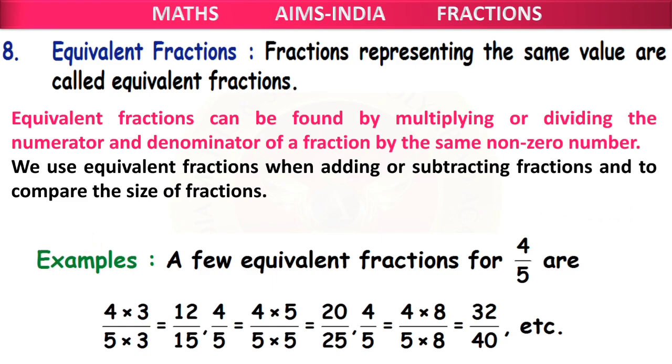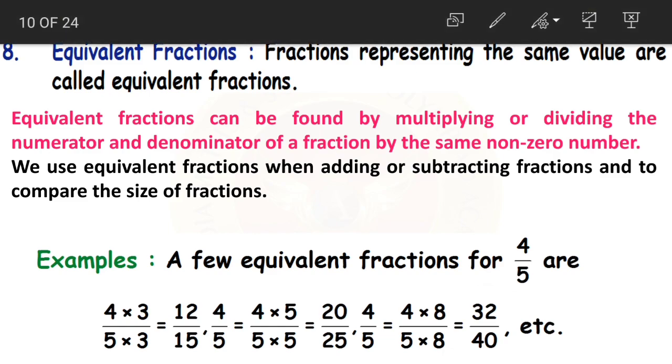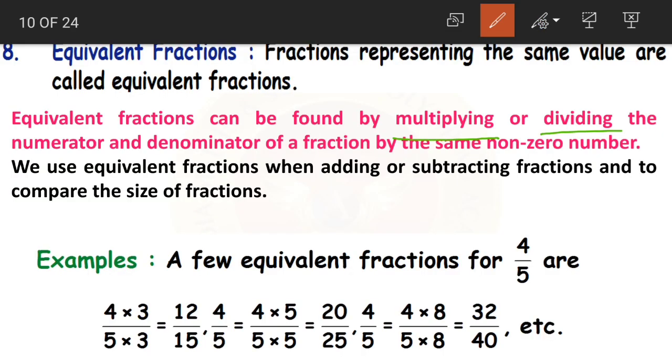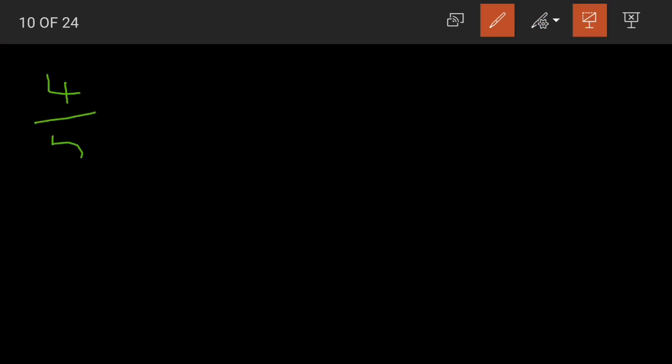Now coming to the example, we need to find out a few equivalent fractions for 4 by 5. What we learnt here is that we can find them by multiplying or dividing the numerator and denominator with the same non-zero number. So when I say 4 by 5, the option we have is to either multiply or divide both the numerator and denominator.